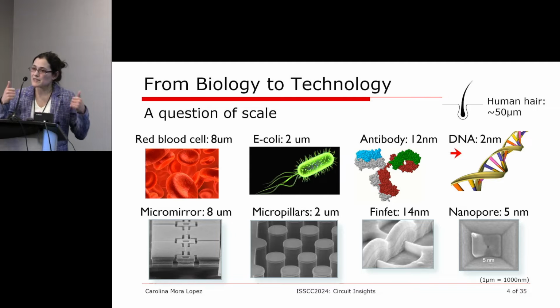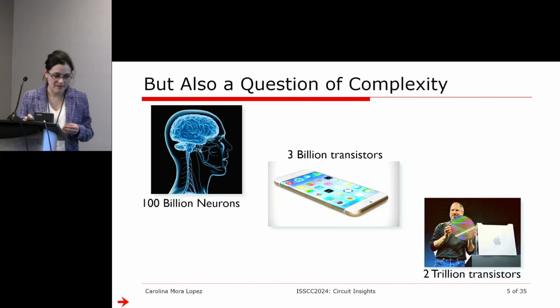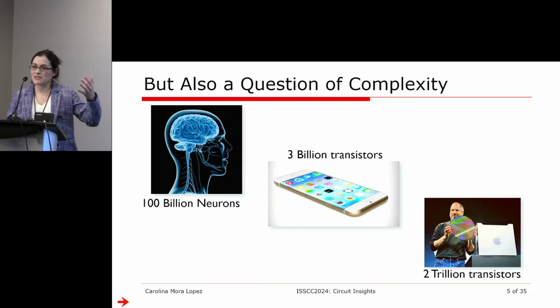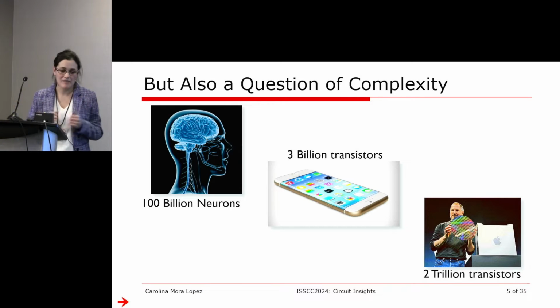This is very important because it gives us opportunities to create these interfaces at very different levels. But not only the dimensions are important, as Ian mentioned, there's also a level of complexity. And with the advanced CMOS technologies that we have today, we can already fabricate devices that resemble this level of complexity of our human brain, which is quite amazing.